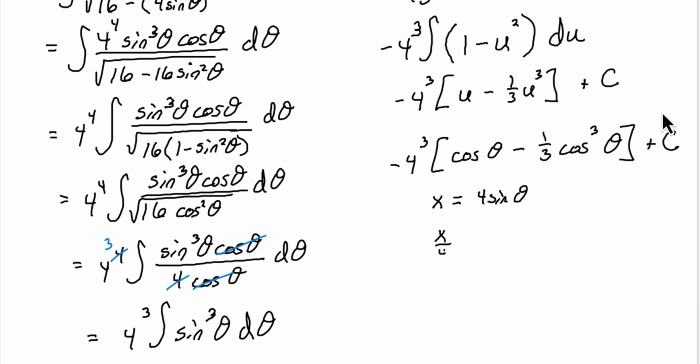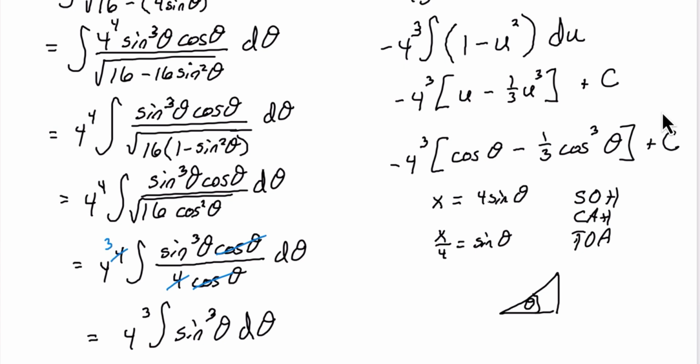We have x divided by 4 equals sine theta. Now we'll use one of those rules you probably heard in trig, SOHCAHTOA. We'll draw a triangle and an angle.